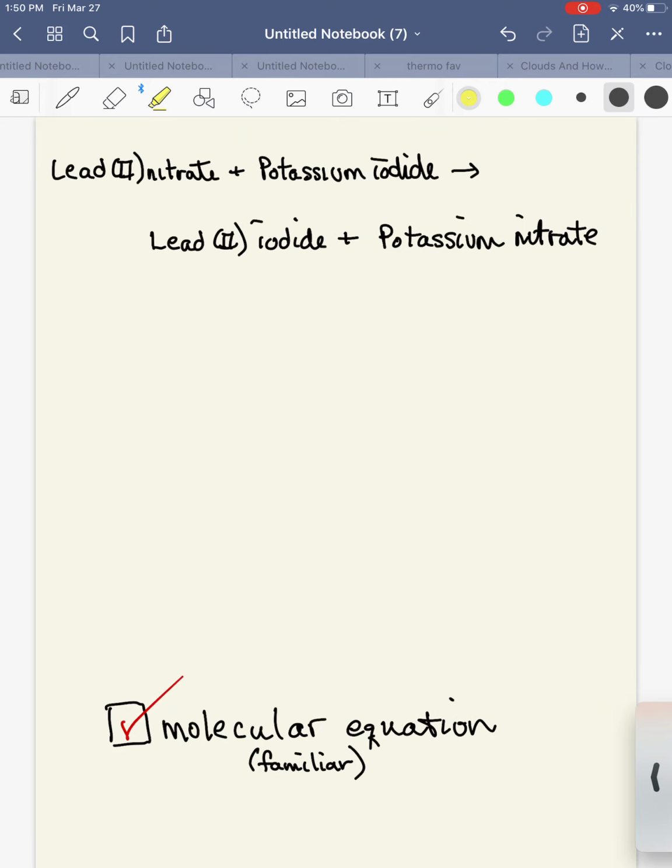So we're just going to use what we had there on the other page. Pb(NO3)2 (aq). Your teacher may or may not want the (aq)s on there.